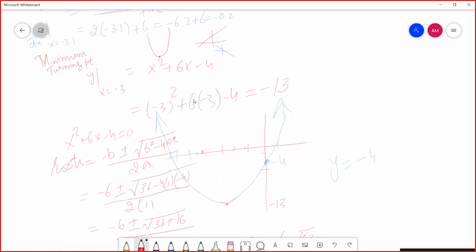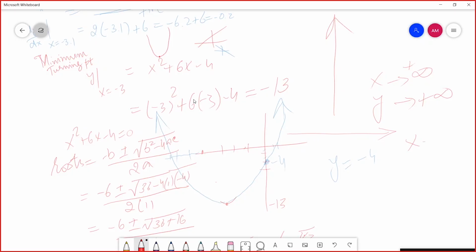So if you see here, x tends to infinity means we move x along. So what is happening to y? It is going up. So if x is going to positive infinity, y is also going to positive infinity. Do you see this? What about on the other side?